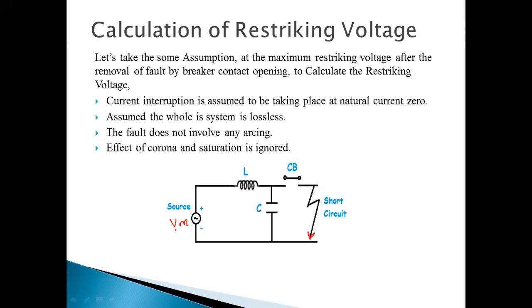So if the source is Vm, it becomes Vm divided by S. How are we writing this L? L as 1 upon S L. Sorry, it is for the capacitance, not for the inductance.